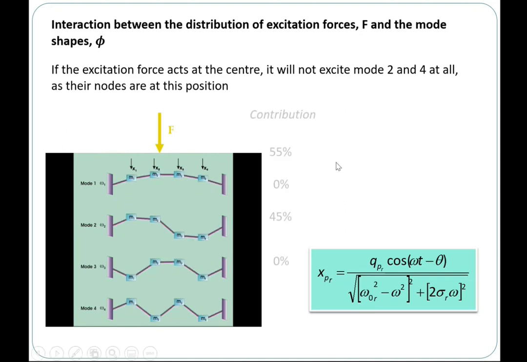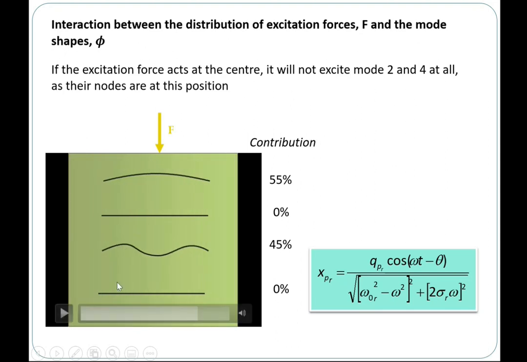So in this case, probably you'll find out that in your total vibrations, if your force is acting at the middle, you won't have a contribution from mode 2 and mode 4. So going back to the previous case, if I have my force as a nodal force, with excitation frequencies near to omega 2.